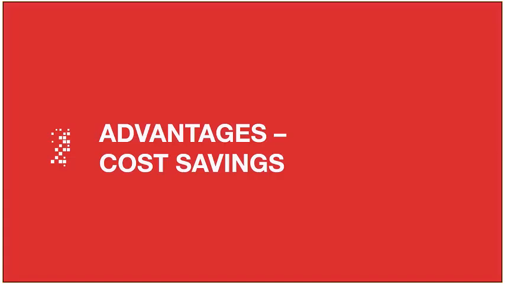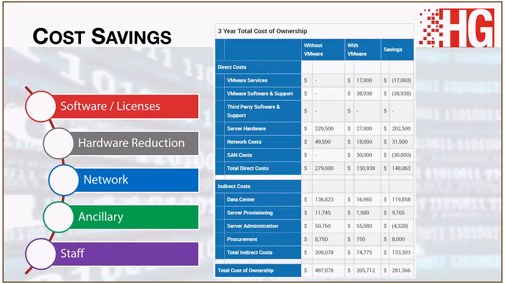The other advantage is cost savings. That one's pretty obvious. We actually put this up in one of our blogs: when you look at the 3-year total cost of ownership, when you go to virtualization, you have lots of savings, whether it's on reduction in the number of software licenses that you need, or savings on network costs in terms of not having to have multiple ports, not having to have multiple bandwidth allocations.